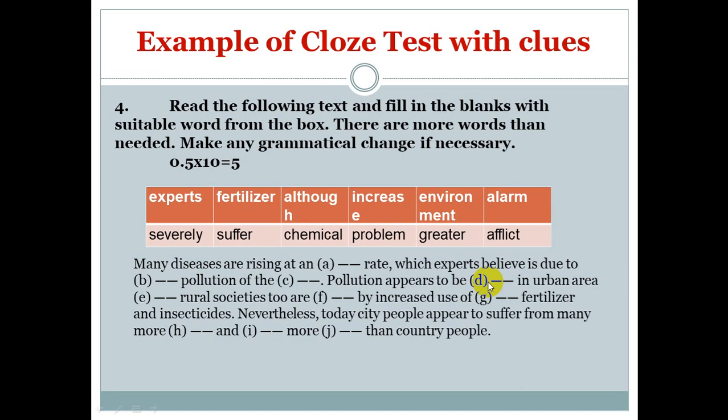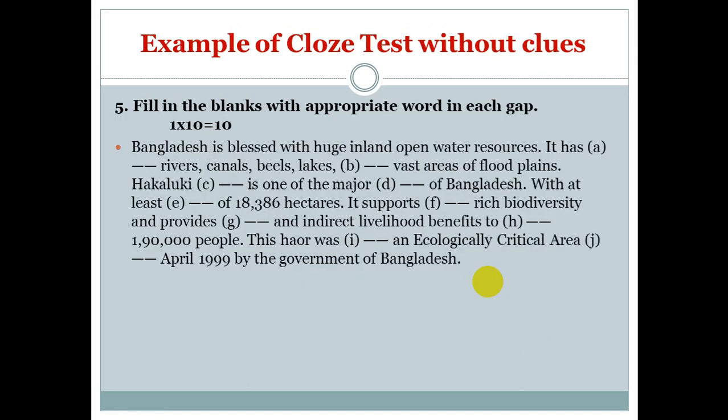Okay. Then comes the cloze test without clues. That means in these questions there will be no clues. You will just get the blanks, and you have to understand what the sentence requires, what kind of words are missing here. You have to put the correct words in the blanks, then you will get marks.